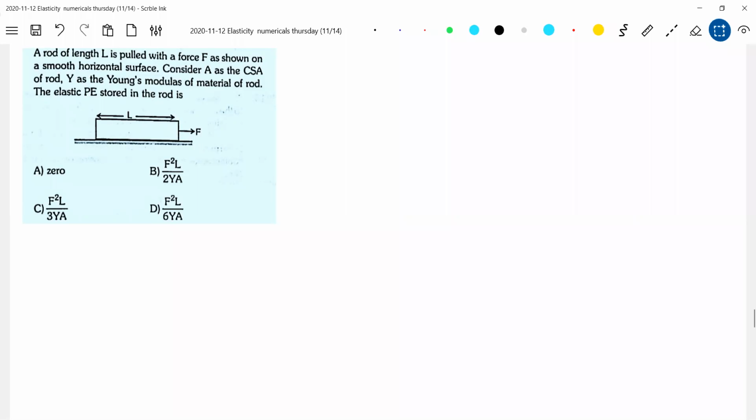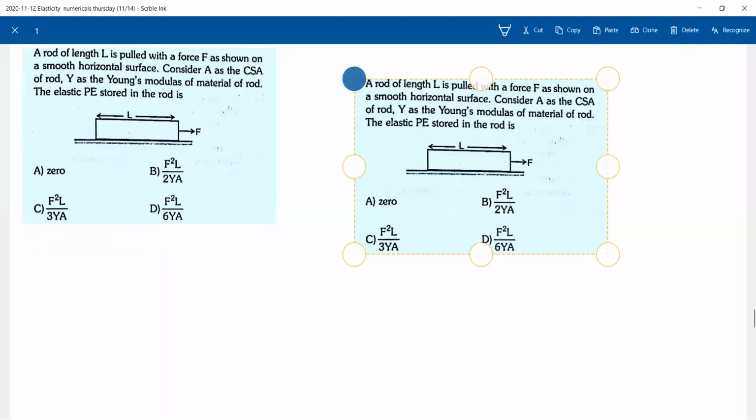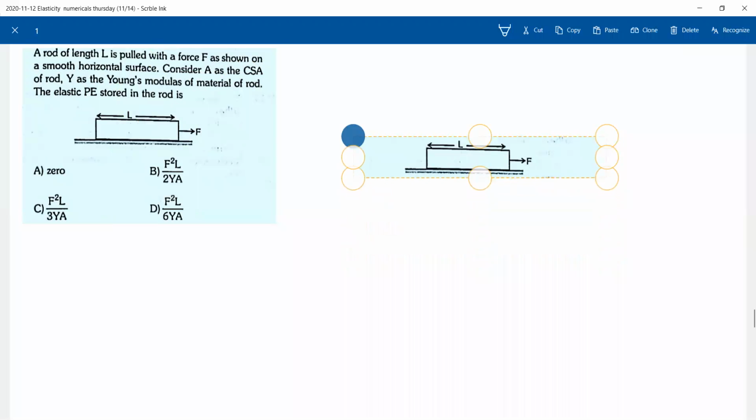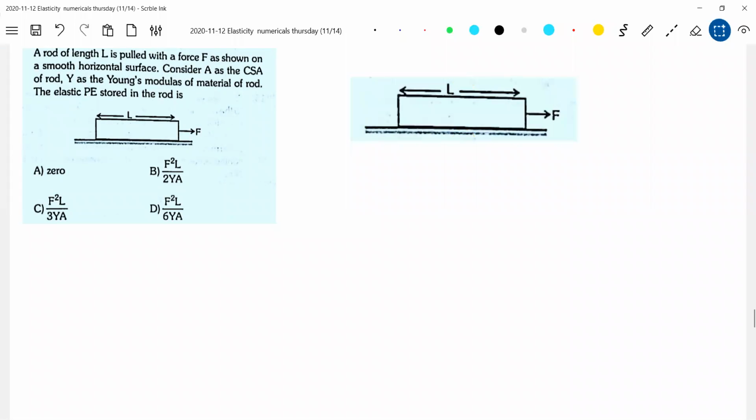What should be your approach? What should we do? Can you remember we assumed things like this?